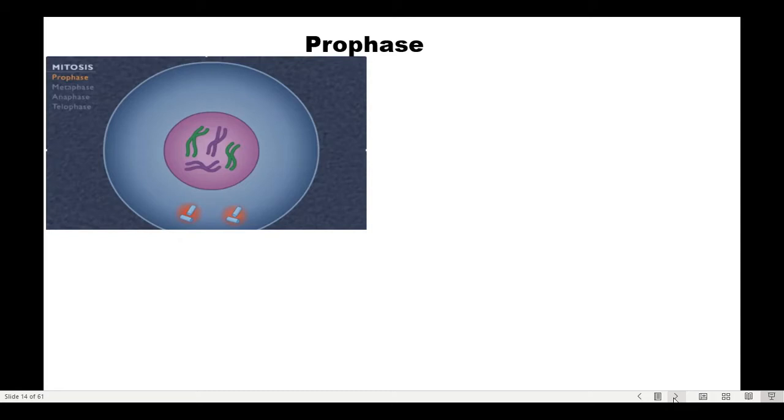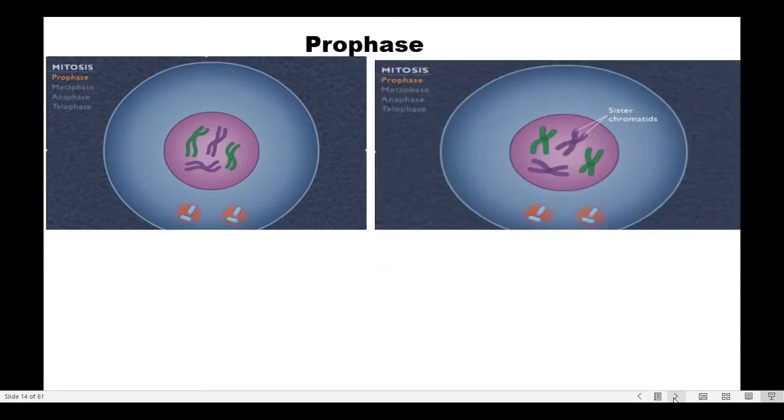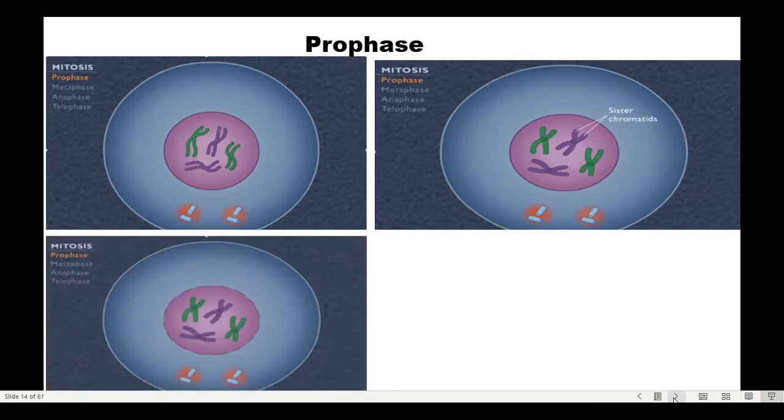Bakit nandyan si centriole? Kasi tumutulong siya for cell division. Okay? Next. Ayan na. So, ang tawag dyan sa chromosomes na yan, yung magka-partner na yan, ay sister chromatids. Okay? Sister chromatids. Under pa rin ng prophase, makikita natin nawawala si nuclear envelope. So, yung balat ni nucleus nawawala. Nagdi-disintegrate, nagdi-disappear.